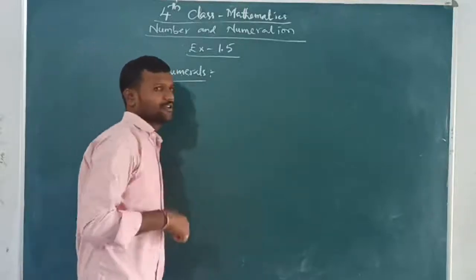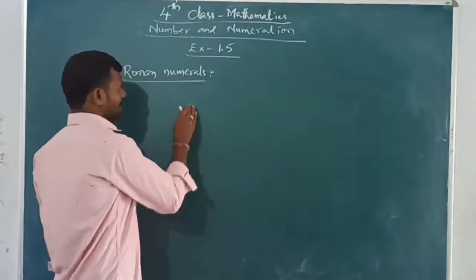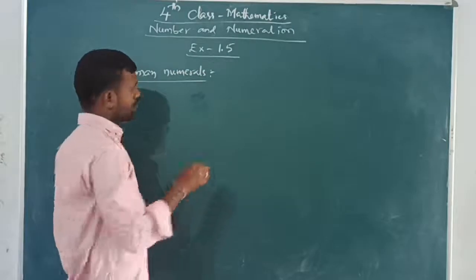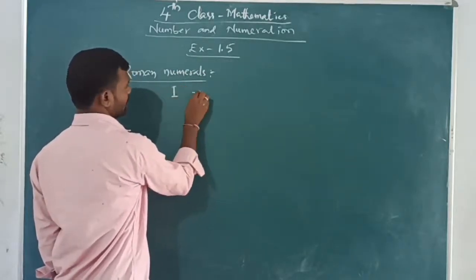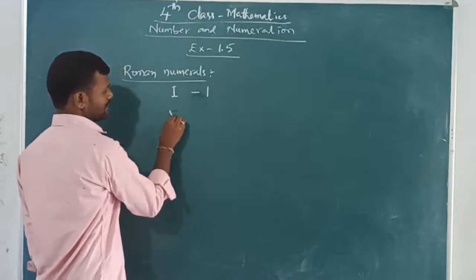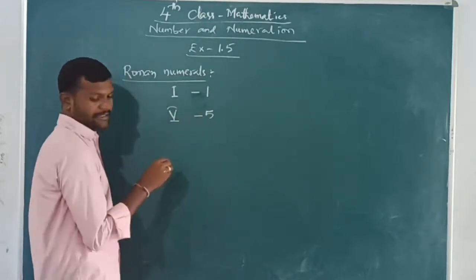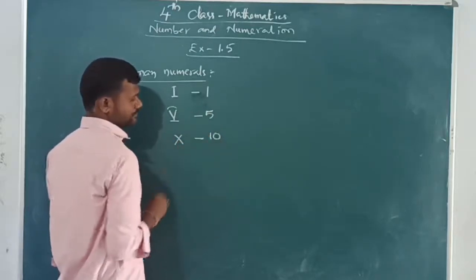Jason, we are discussing Roman numerals. I said already there are 7 main symbols in the Roman numerals. What are those? First one, I, it is 1. Next V, it is 5. Next one, X, it is 10.